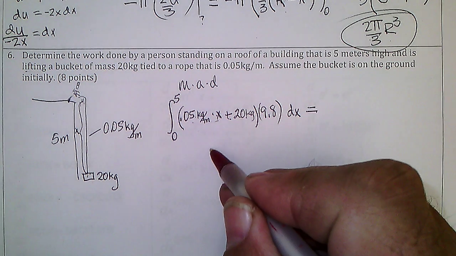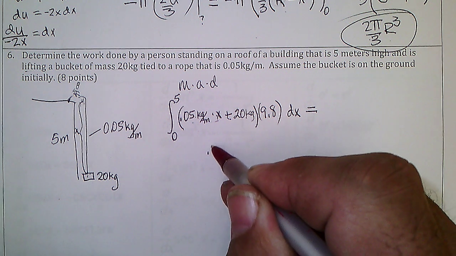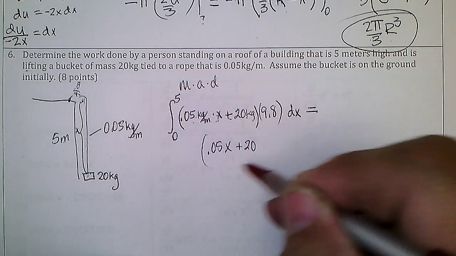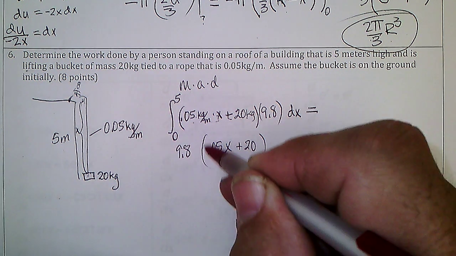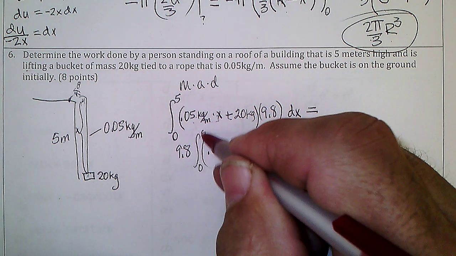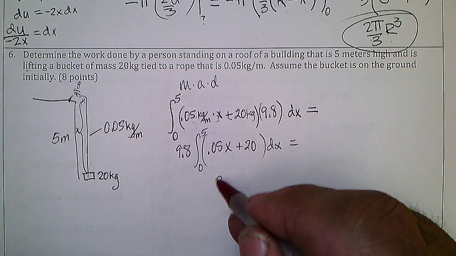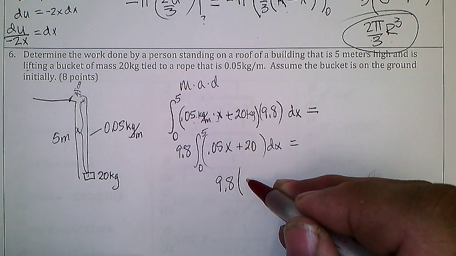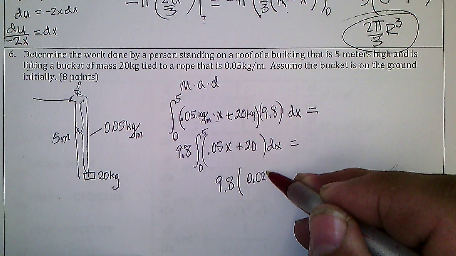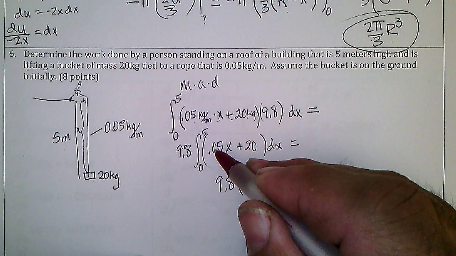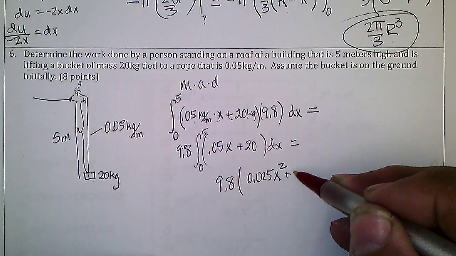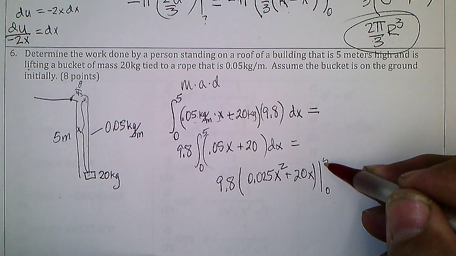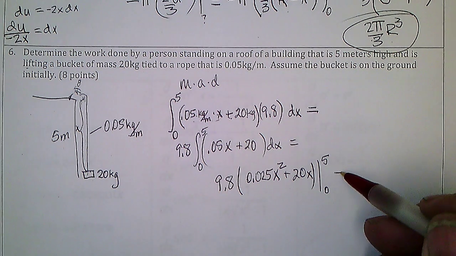So that would be the integral of 0.05x plus 20, times 9.8 dx, which is going to be 9.8 times 0.025 x squared, plus 20x, evaluated from 0 to 5.